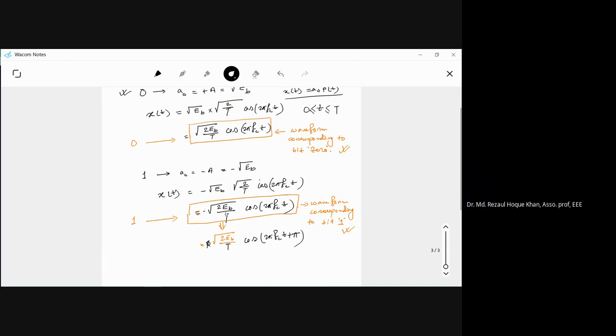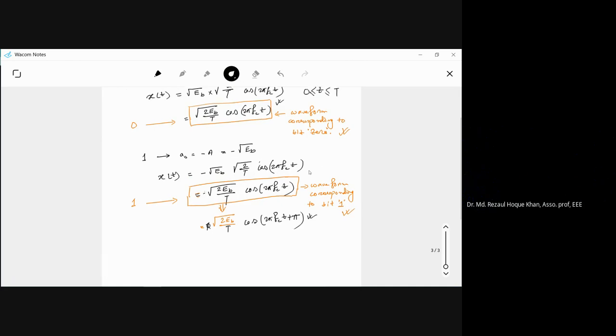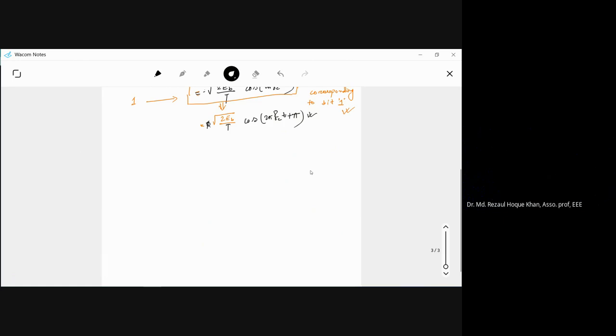So what is the difference between these two? When this signal is shifted by pi, you get the other signal, isn't it? The one signal to another is only shifted by pi. If you add another pi, then again it will be shifted, right? If you remember, we discussed two kinds of signal: one is antipodal and another is orthogonal. Antipodals are in opposite directions.